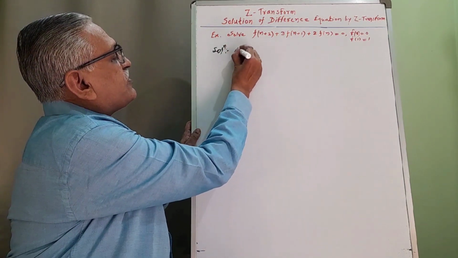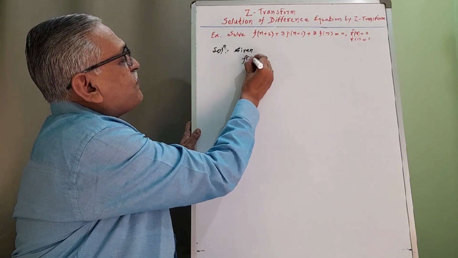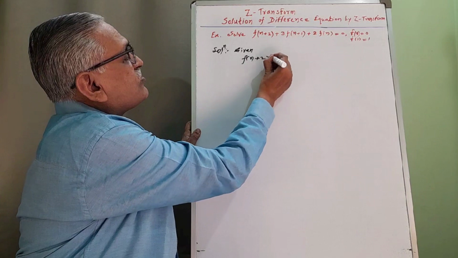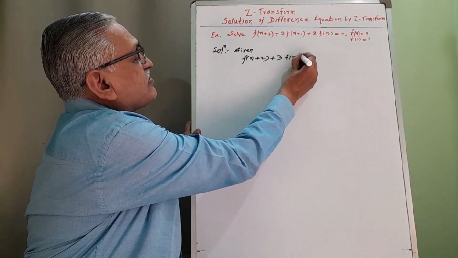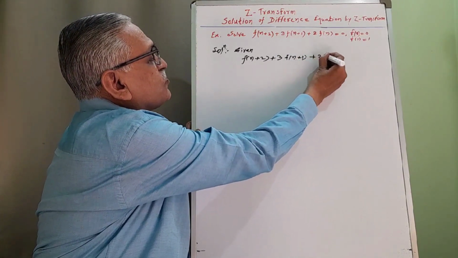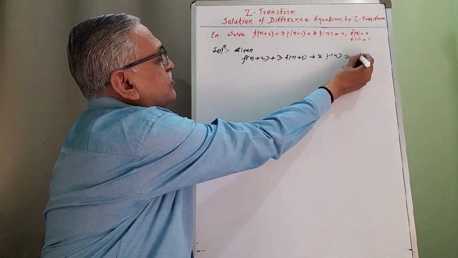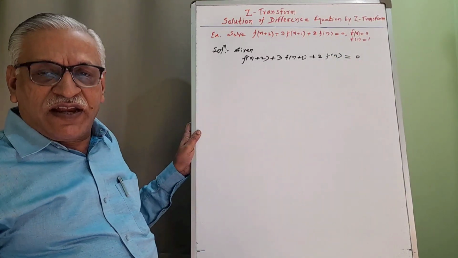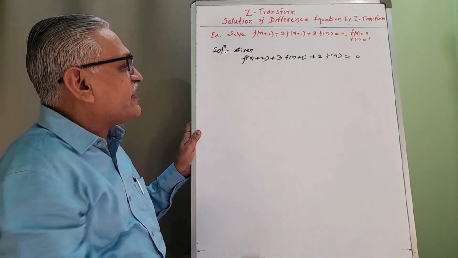Here, given difference equation is f of n plus 2 plus 3 times f of n plus 1 plus 2 f of n is equals to 0. The next step is taking Z transform on both sides, left hand side as well as right hand side.